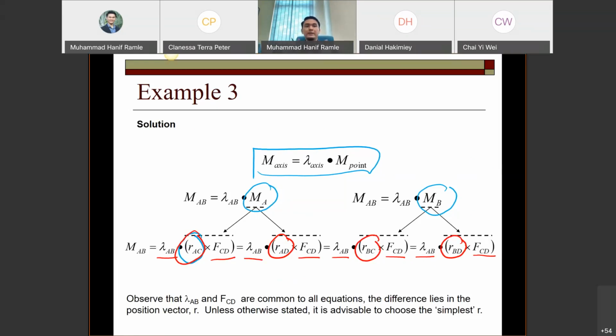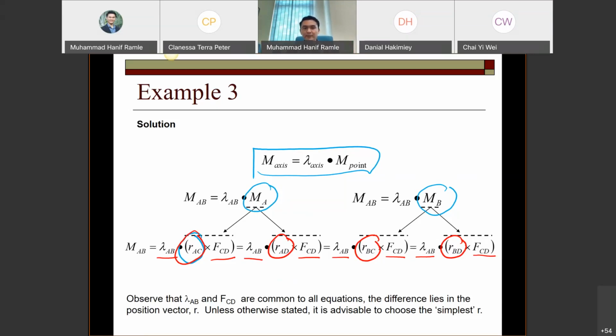The first thing you have to do to determine this moment is to identify the R first. If you look at the sentence there, observe that lambda AB and FCD are common to all equations.